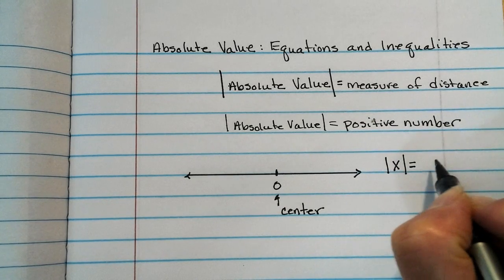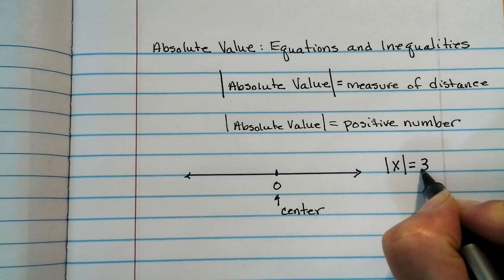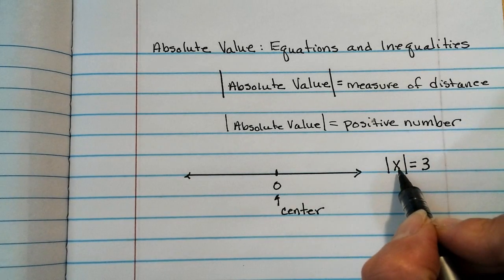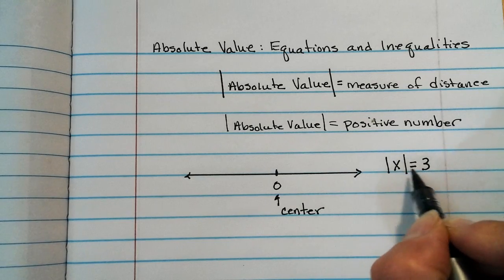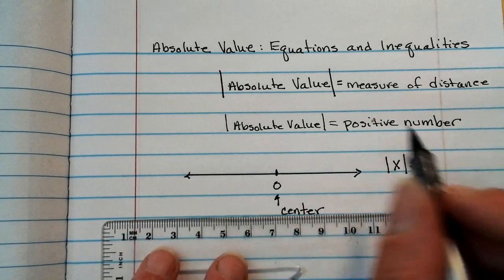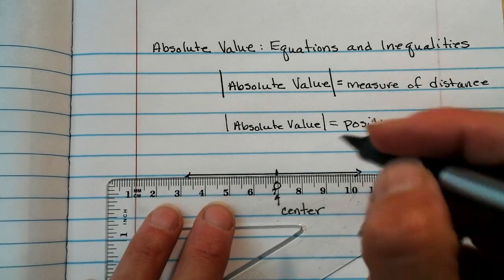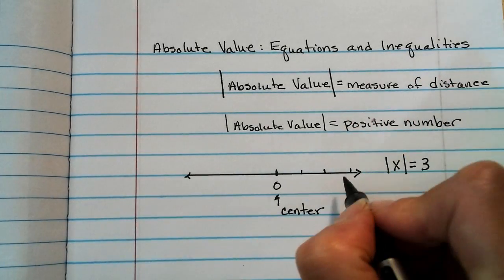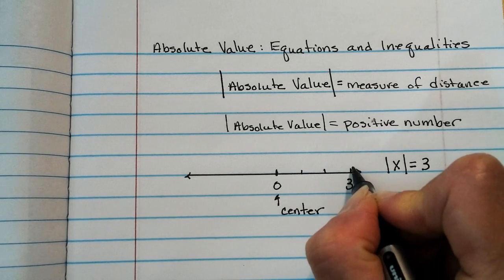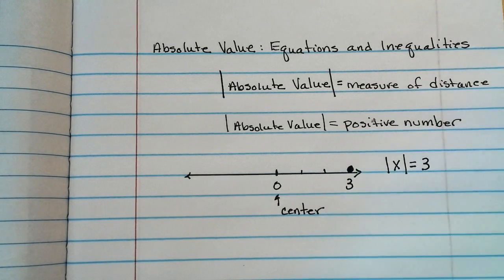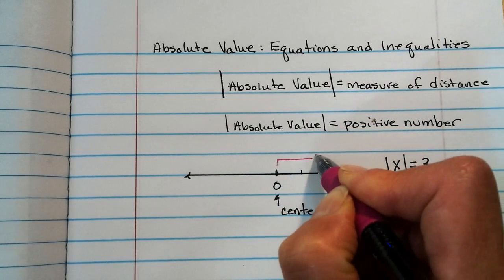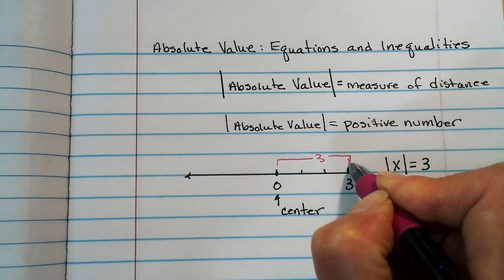The absolute value of some number is 3. I'm going to say that the distance from whatever this absolute value is has to be 3. So since this is my center, the distance 1, 2, 3. So that means I have a point at 3, and my distance here is 3 units.